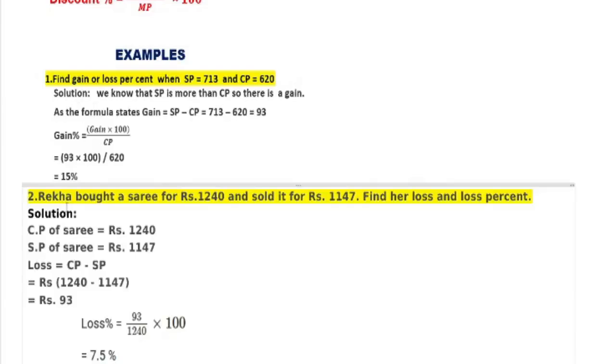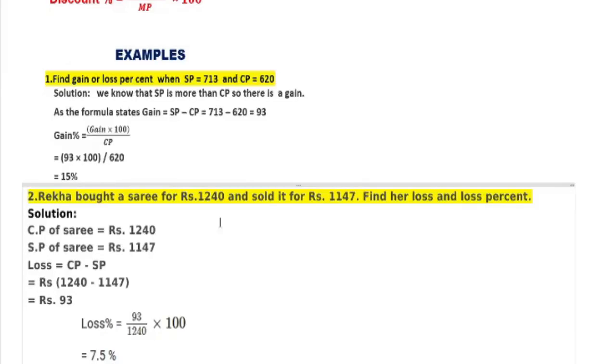And second one, Rega bought a sari for rupees 1240 and sold it for rupees 1147. Find her loss and loss percent. So first you find out loss and second loss percent.